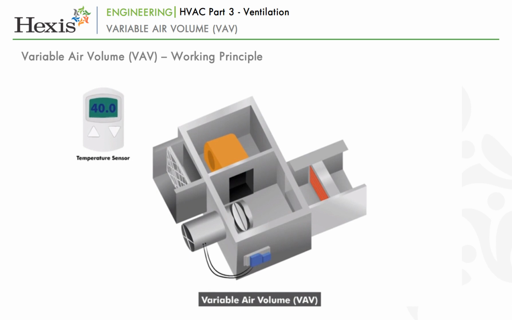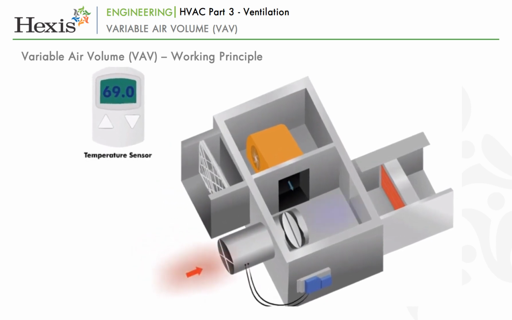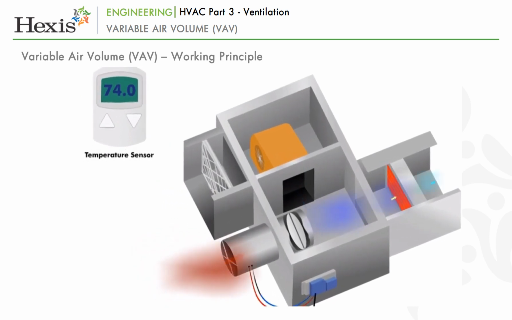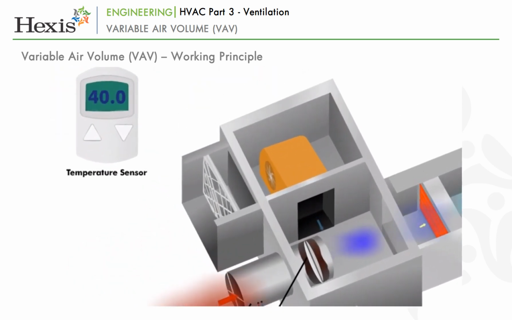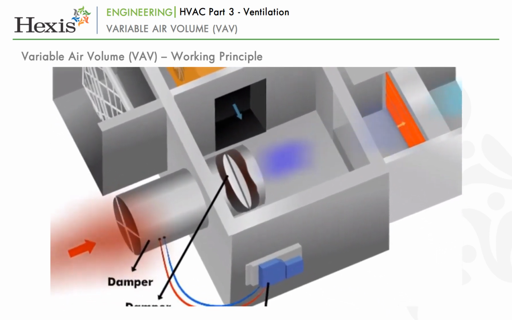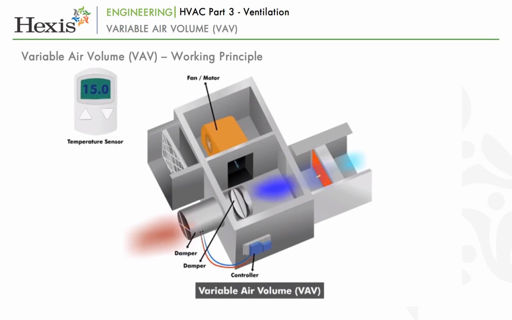When the temperature sensor determines that the space temperature is at set point, the controller closes the damper until the airflow reaches a predefined lower limit. As the room temperature moves away from set point, the controller opens the damper until the airflow reaches a predefined upper limit.